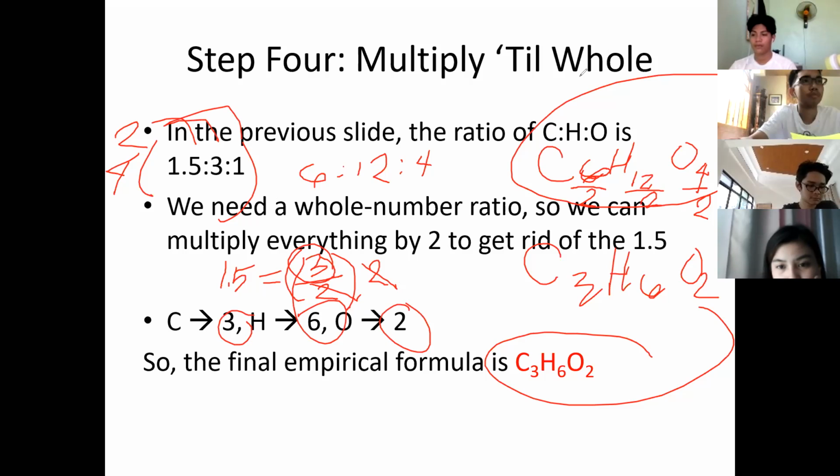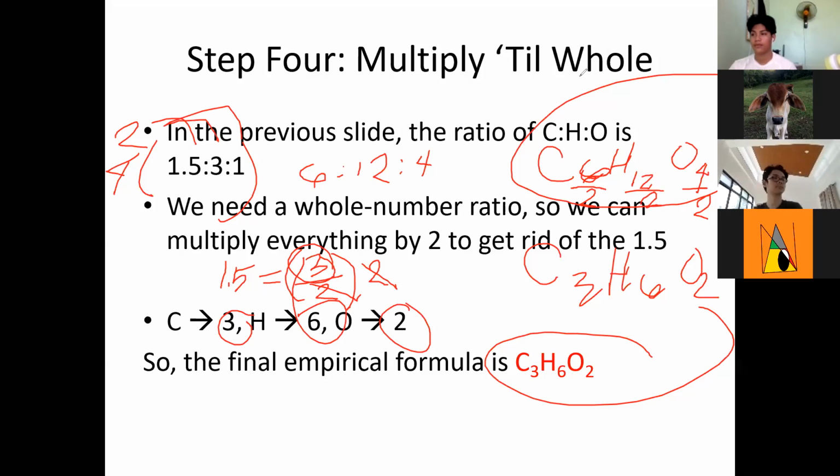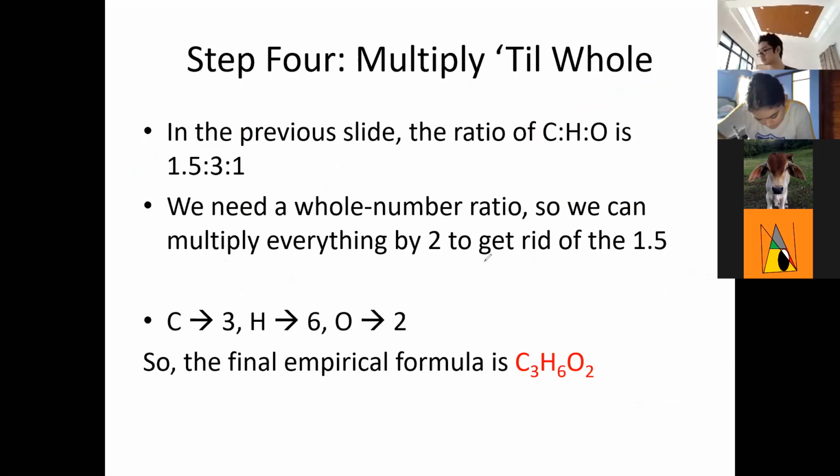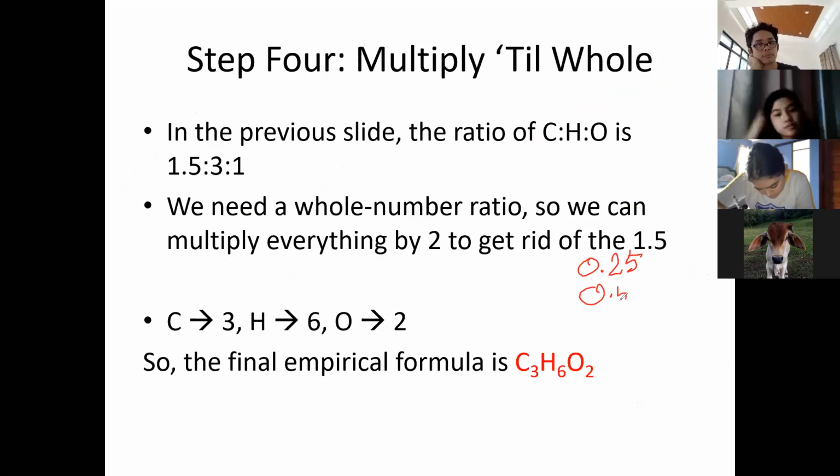Clarifications, more clarifications. Again, any value is possible. But since the question is about empirical formula, we have to use the least value that will make the decimal a whole number. There are only three possible decimals that we are going to credit as they are to come up with a whole number: 0.25, 0.5, and 0.75.